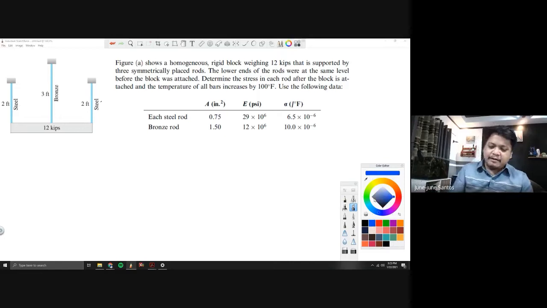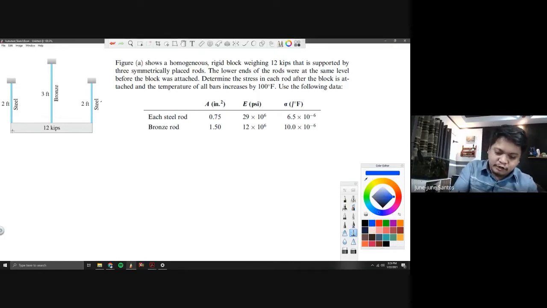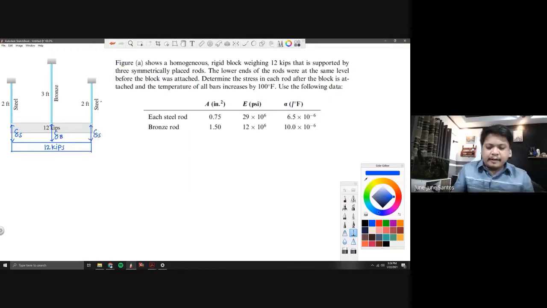Unahin muna natin, pagbaba due to the weight. Okay? Assuming, exaggeratedly, ito na yung magiging block ko dahil sa 12 kips. So, you will be having here the delta S, the delta B, and then the delta S also.